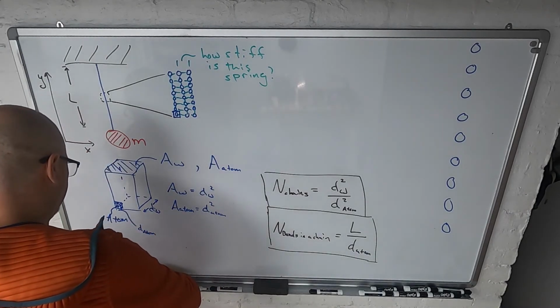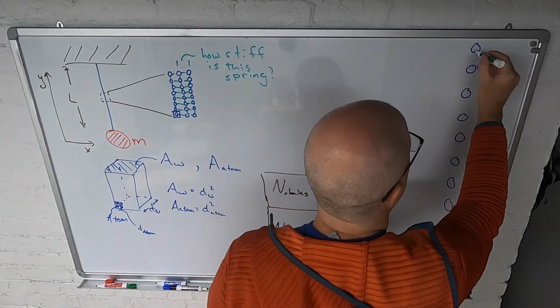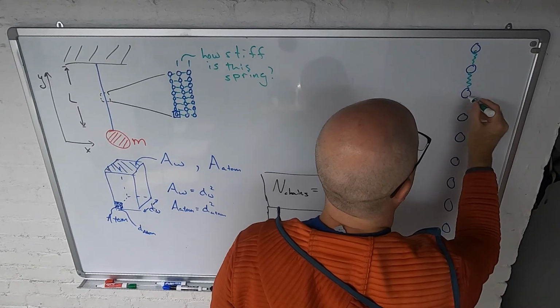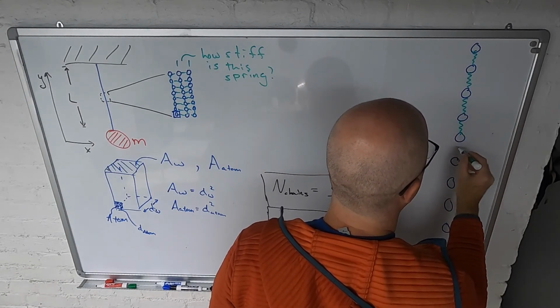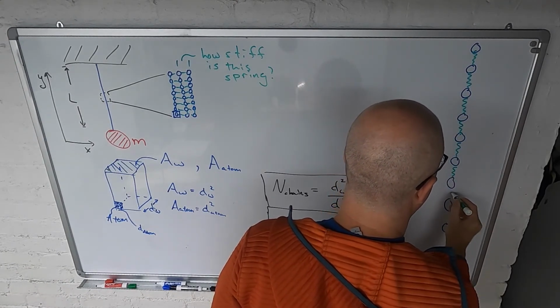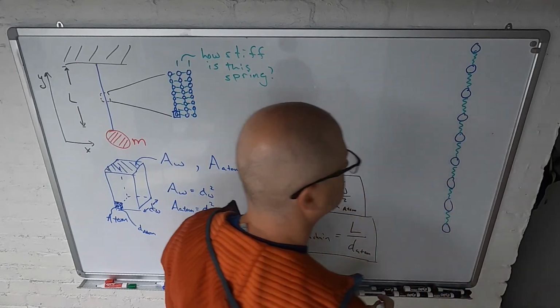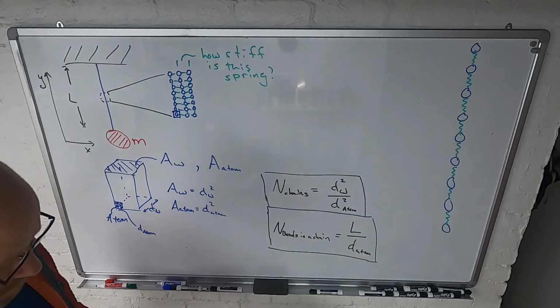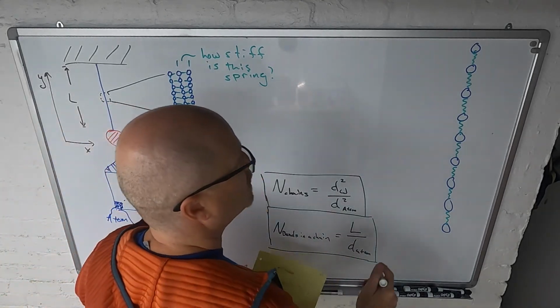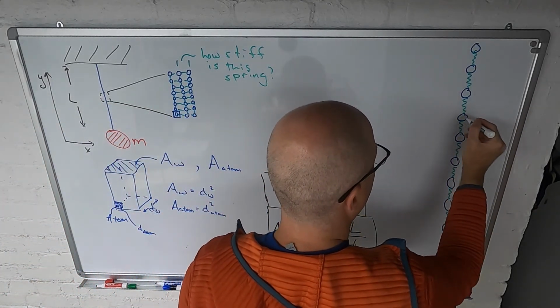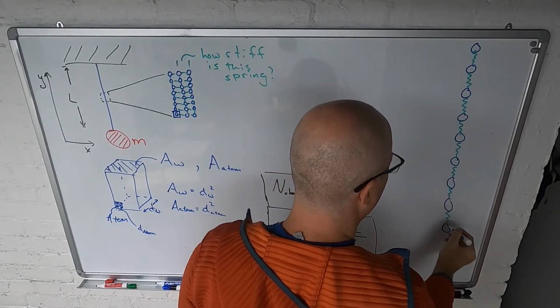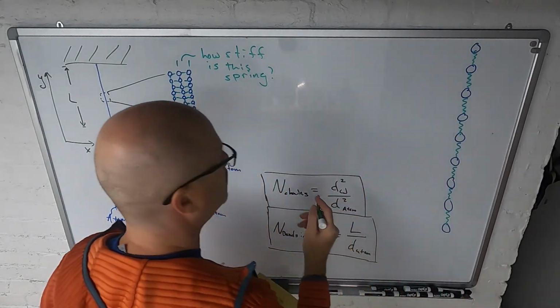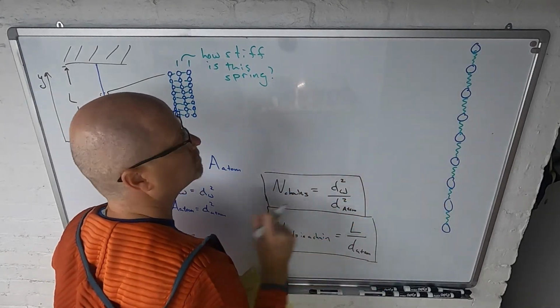And of course I have one species of atom, so I only have to worry about one style of bond. So here are my bonds, and each bond has a stiffness. And so I have here 1, 2, 3, 4, 5, 6, 7, 8, 9 bonds in series.